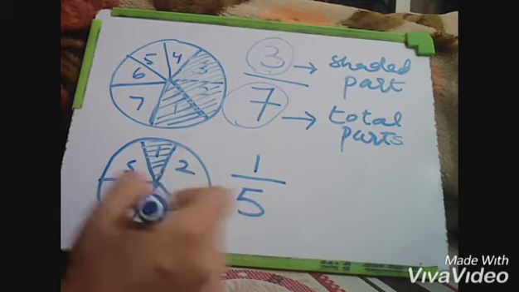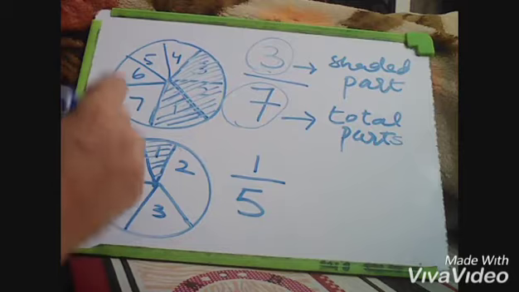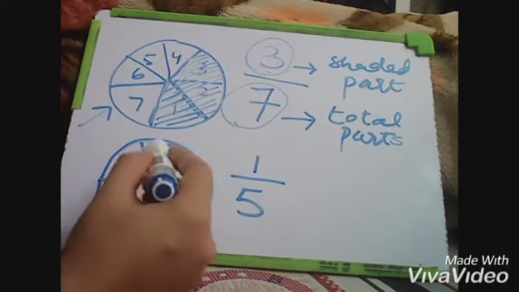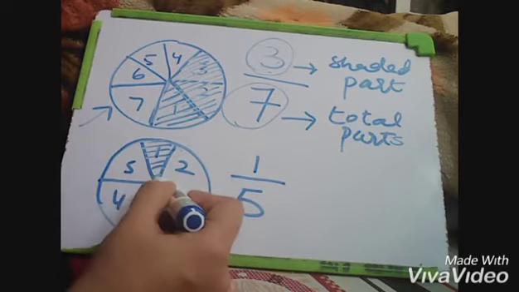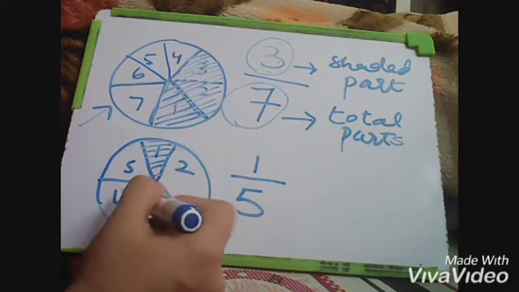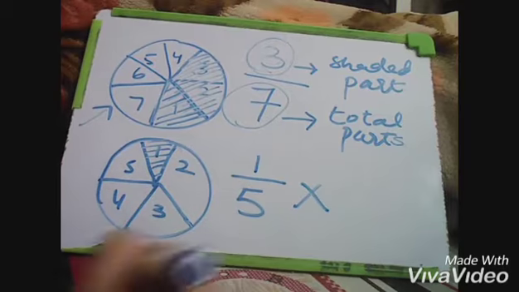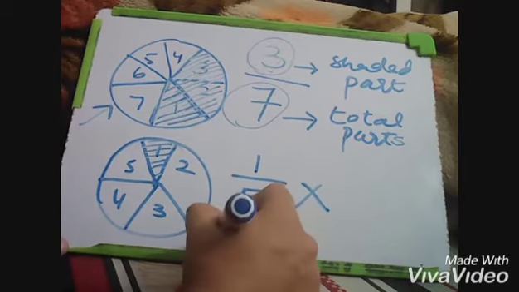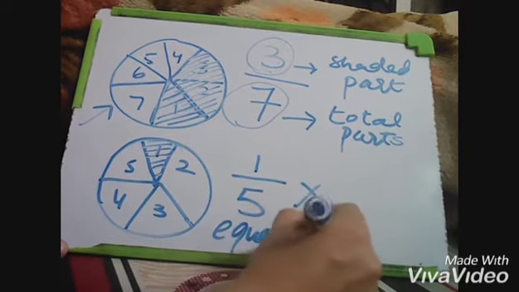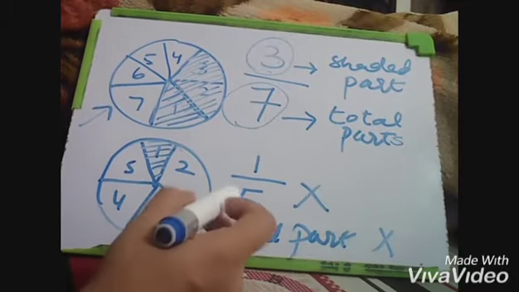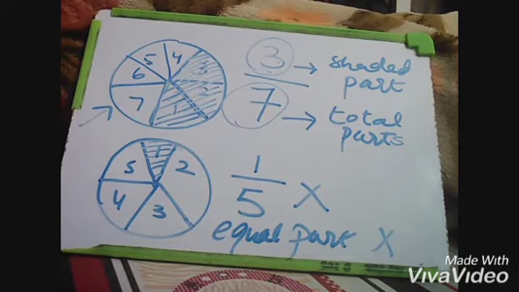Why? Because these parts aren't divided into equal parts like this one. This is divided into unequal parts. Like this is smaller, this is greater, this is medium, and then again medium, and again medium. So this cannot be denoted as a fraction, because it does not have equal parts.